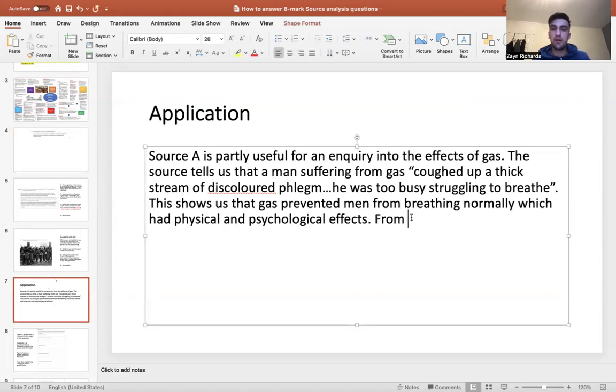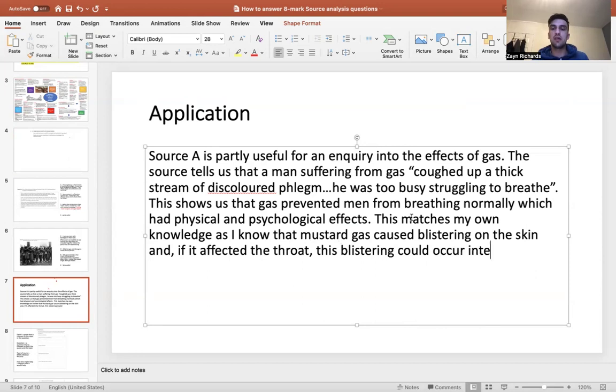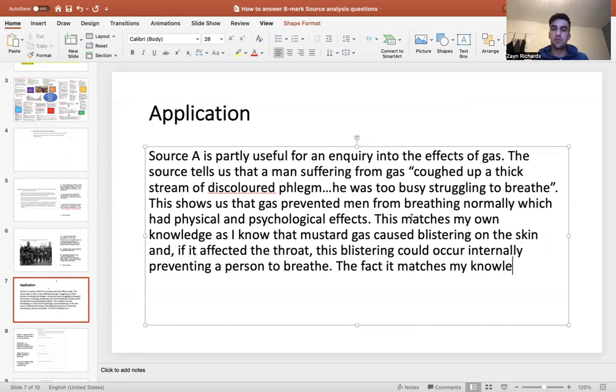Then I'll say this matches my own knowledge, as I know that mustard gas caused blistering on the skin, and if it affected the throat, this blistering could occur internally, preventing a person from breathing. So the fact that it matches my own knowledge makes the source further useful.